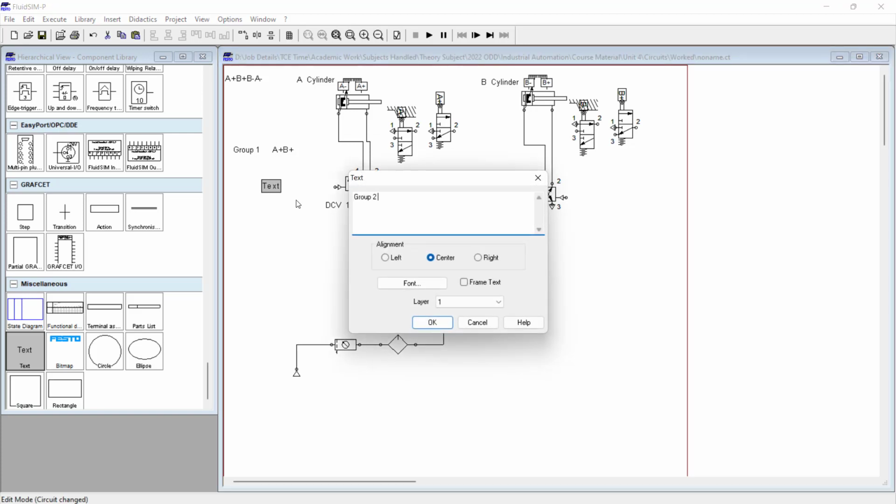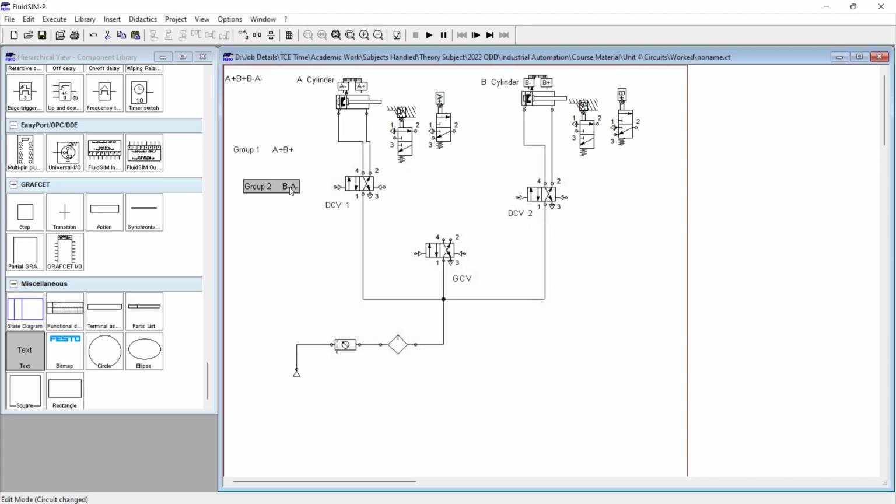Group 2 sequence will be B minus, A minus. Okay, so initially both cylinders are in retract condition, A minus and B minus.